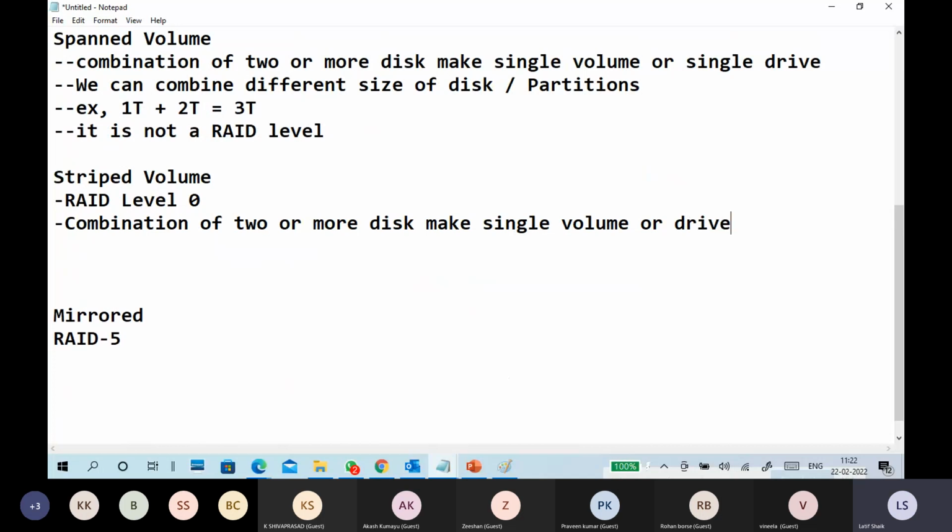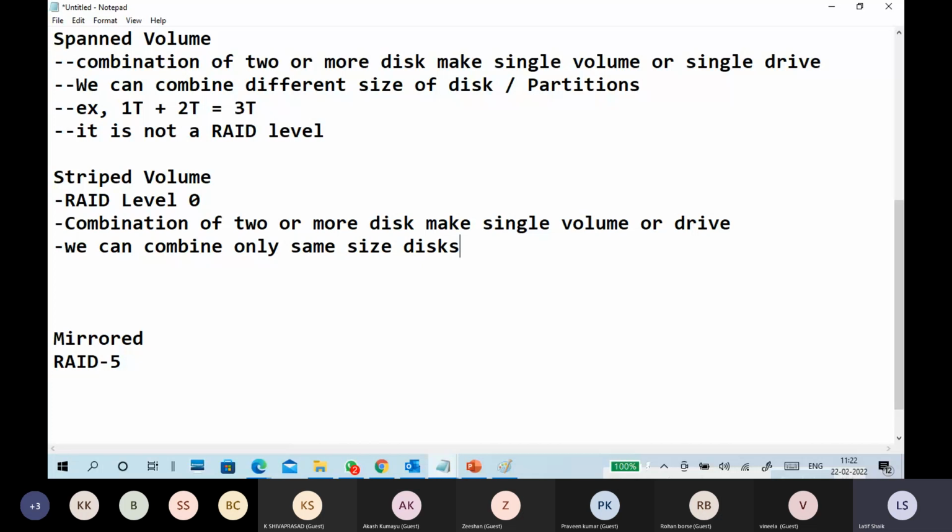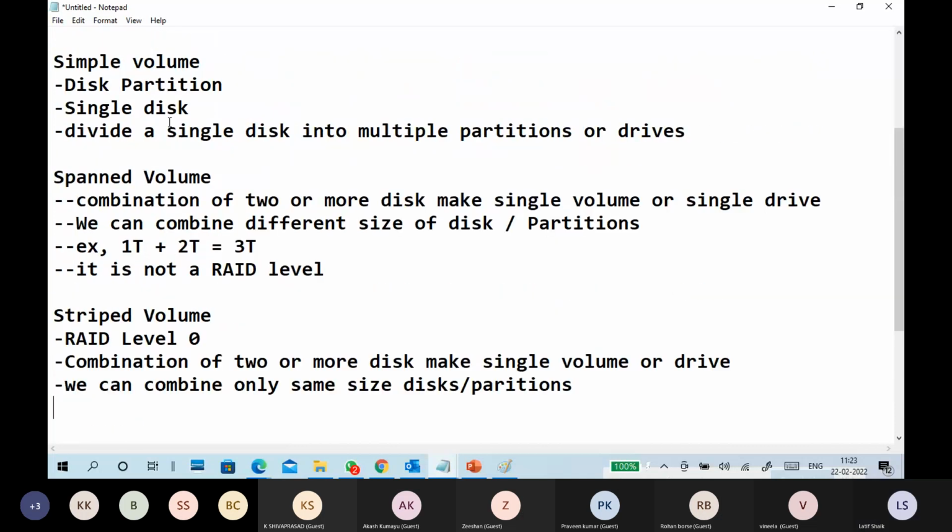It depends, guys. We showed this in Microsoft, but RAID is basically an open protocol. Linux, Unix, and different systems have it. So we can combine only same size disks or partitions. A simple volume is actually a basic disk.